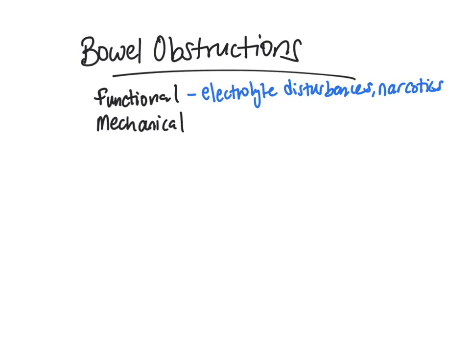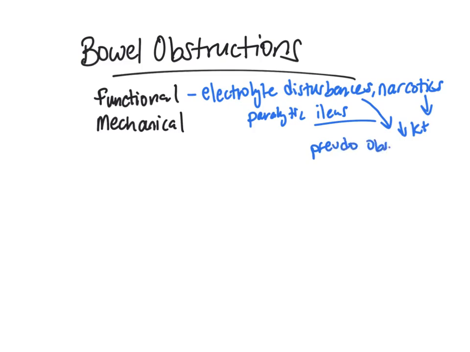This is also where paralytic ileus comes into play, and this could be post-surgical patients who have been given narcotics, which can cause slow bowels. Electrolyte disturbances would be low potassium. These things interfere with the conduction and the contractions of the bowels, and we can call that a pseudo obstruction because it's not actually blocked off, it's just not moving anywhere.